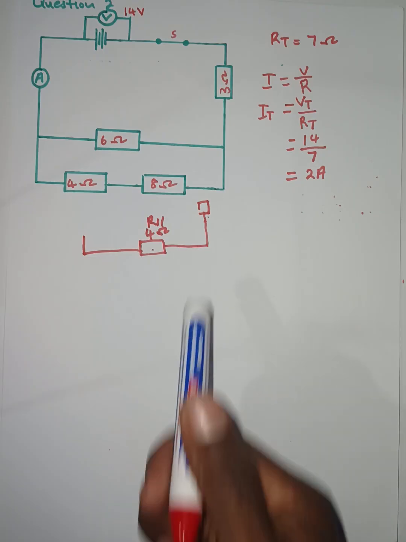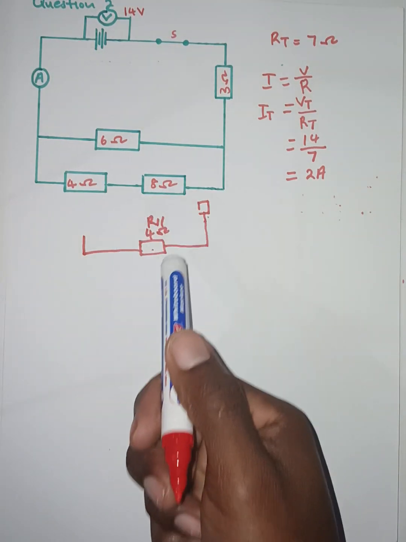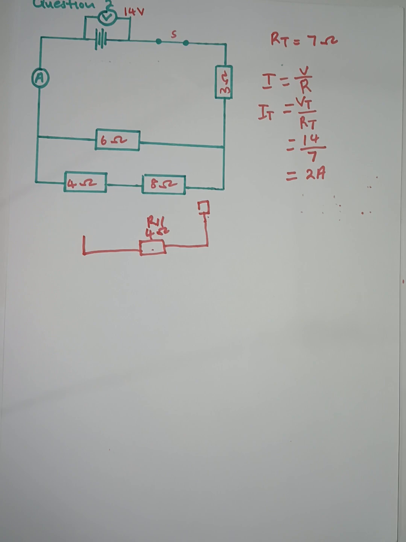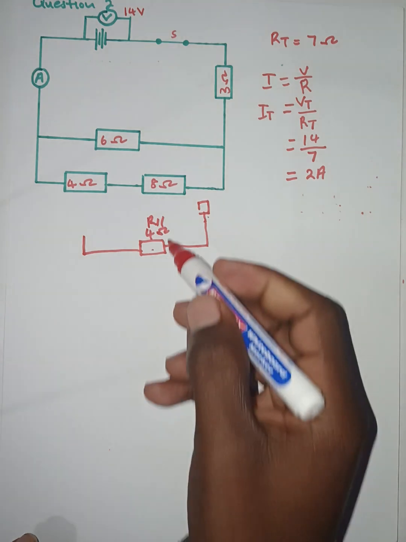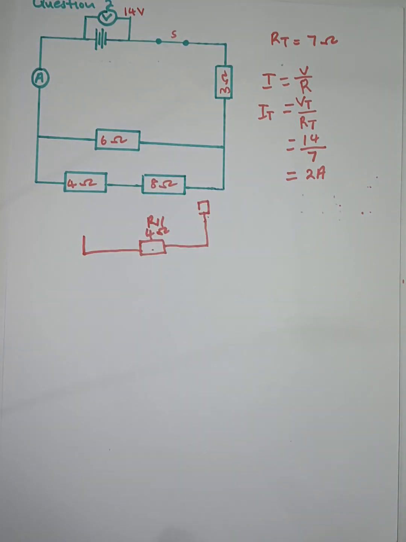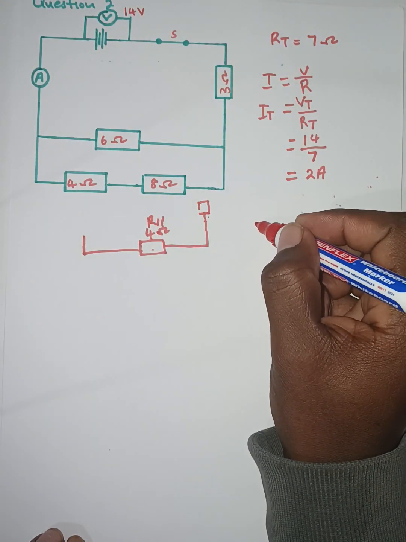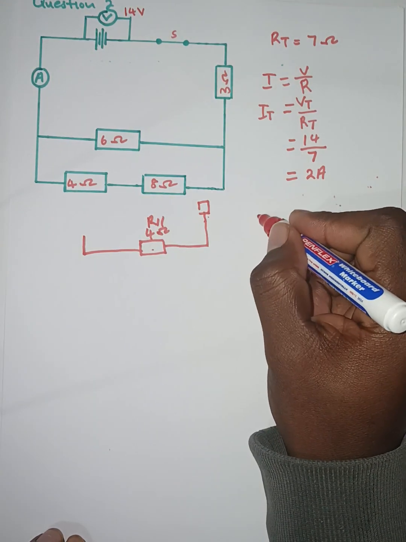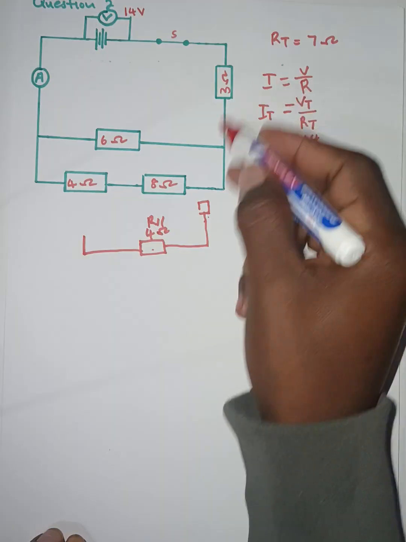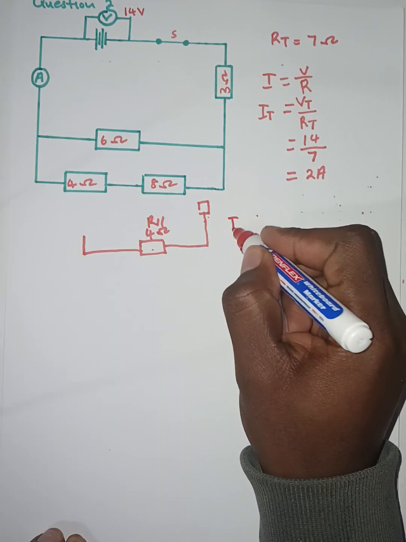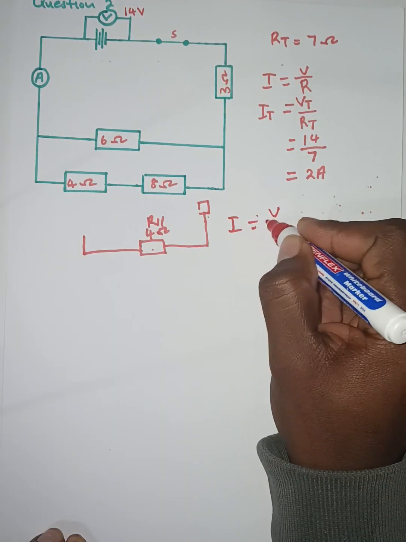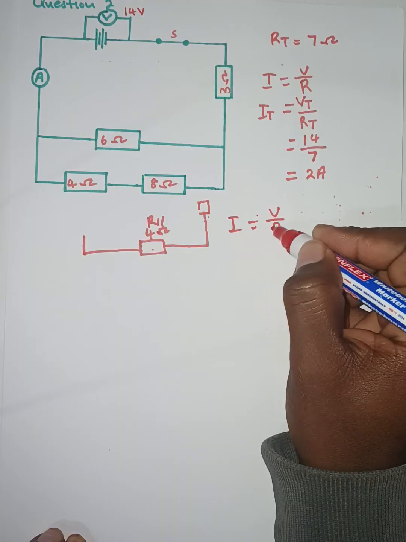They say to calculate the voltage across our parallel resistance. But remember, at any given point we have 3 pieces of information: we have the current, the voltage, and the resistance, right? So we are going to use the same formula, Ohm's law, which says I is equal to V divided by R. But remember, what am I looking for?